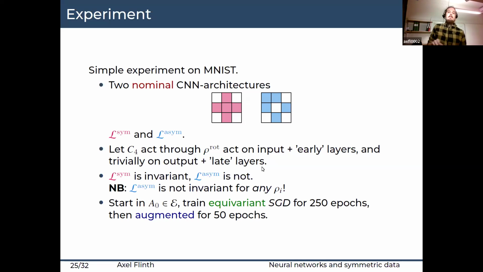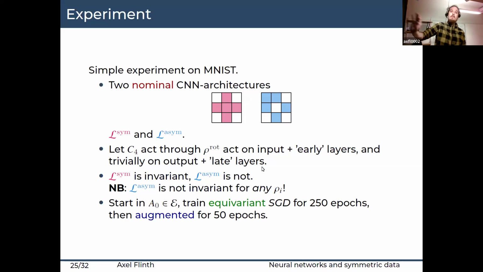Okay, so what we now do is that we start our neural networks on E, and then we train them in equivariant mode with the stochastic gradient descent for quite long. So then the hope is that we will find something which is stationary for the equivariant architecture, and then we let the two loose.